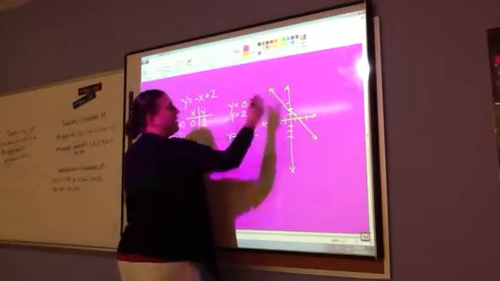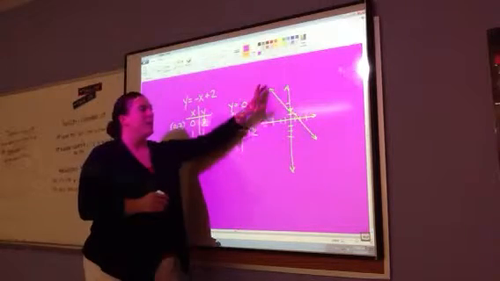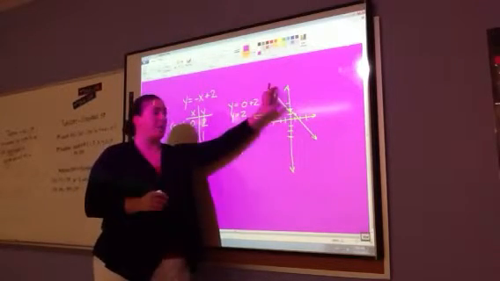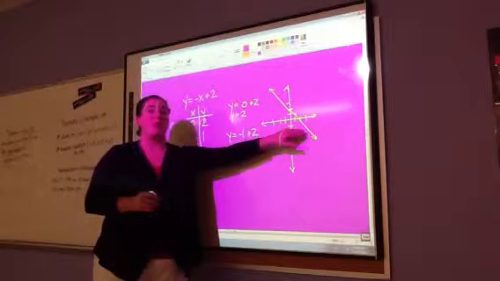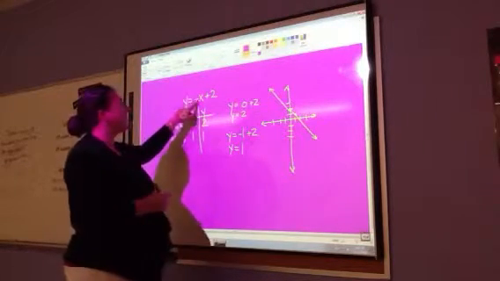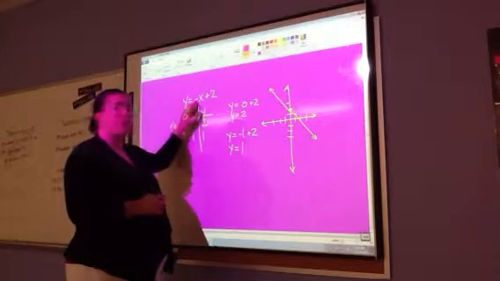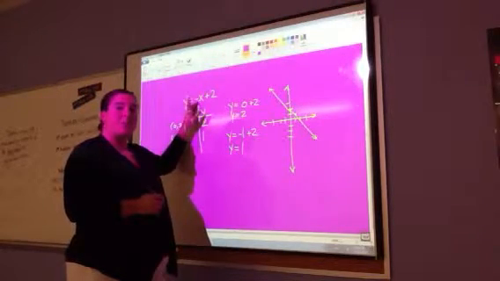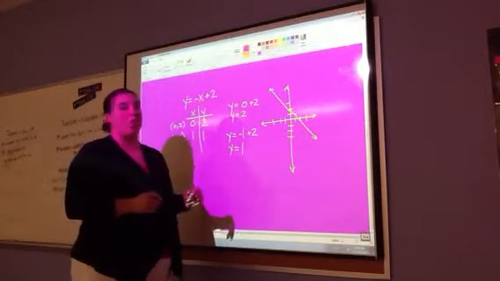Now, on this particular graph, just to make sure that I'm correct, the graph itself does go down, meaning it goes in the negative direction towards the end on the right, which means that my slope should be negative. So if I go back to my equation, the number in front of the x, which is known as -1, that number is negative. So I know that I have a constant decline and that my graph should be about correct.